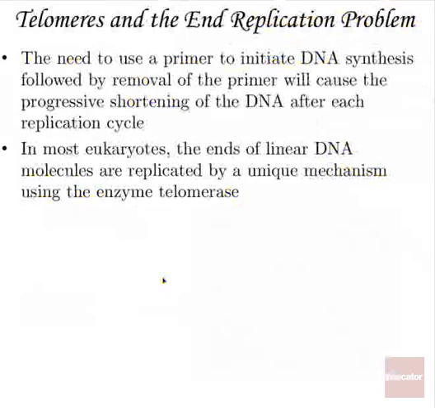Now, telomeres and the end replication problem that I talked about before: the fact that we have to use a primer to initiate DNA synthesis is followed by the removal of that primer. We obviously have to take out that primer. We don't want RNA in our DNA. That causes the progressive shortening of the DNA after each replication cycle.